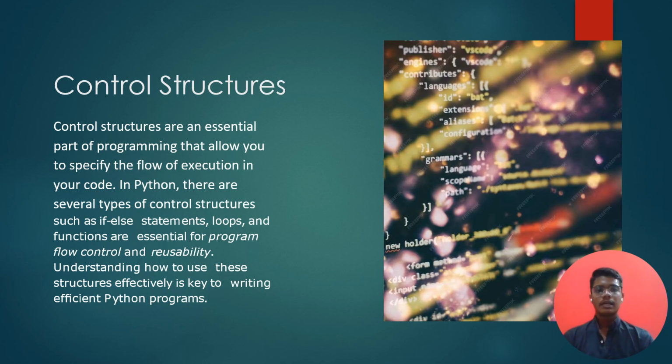In Python, there are several types of control structures such as if-else statements, loops, and functions, which are essential for program flow control and reusability. Understanding how to use these structures effectively is key to writing efficient Python programs.